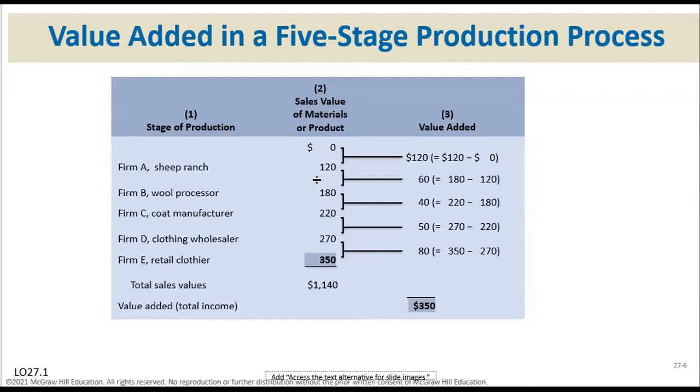So firm B, for instance, in our example, adds only $60, because out of the 180, they had to take out the 120 that they used to purchase the sheep from the farmer.